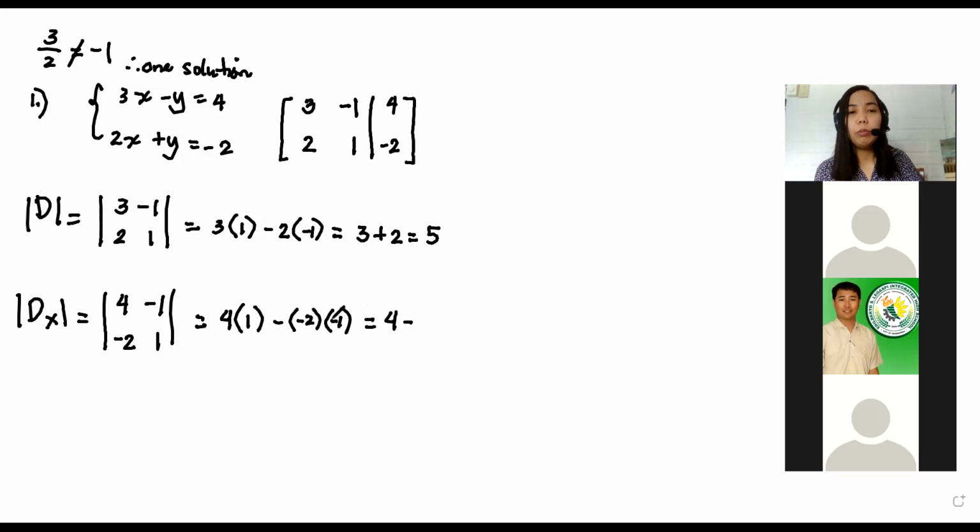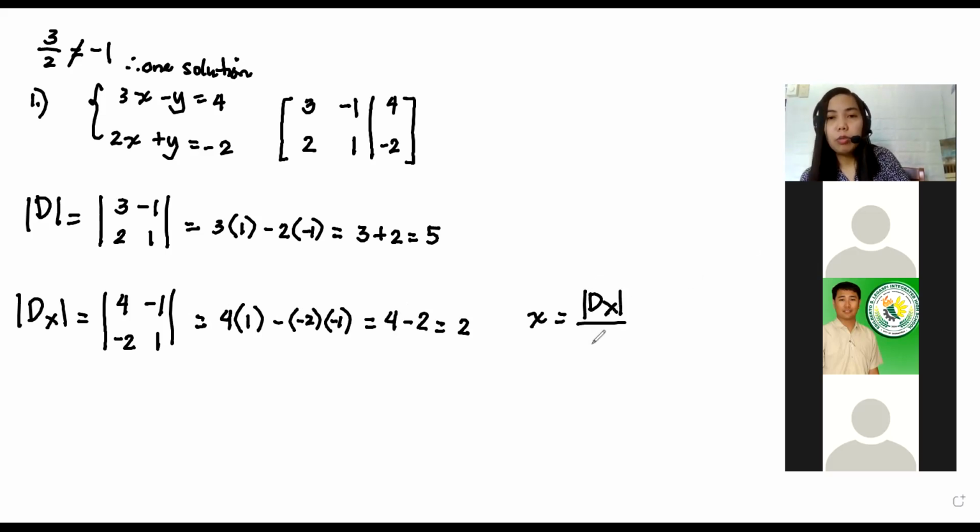Minus -2 multiplied by -1, that is positive 2. So 4 minus 2, that is equal to 2. Okay? So therefore, to find the value of x, that is Dx divided by D. Dx is equal to 2 over 5. So x is equal to 2/5.